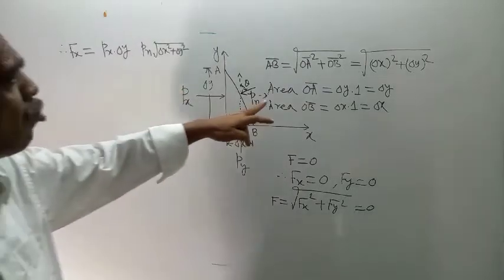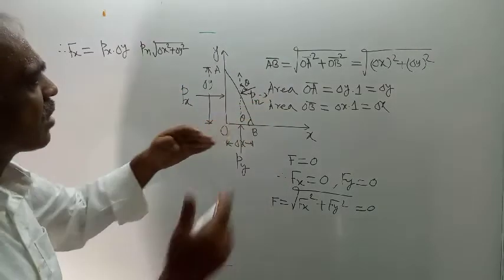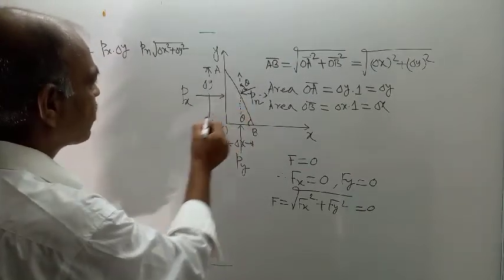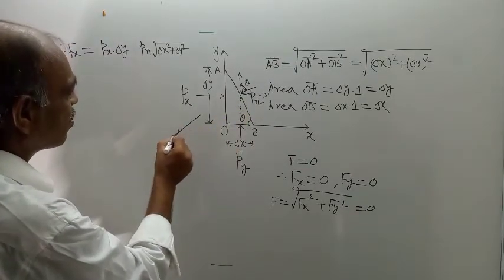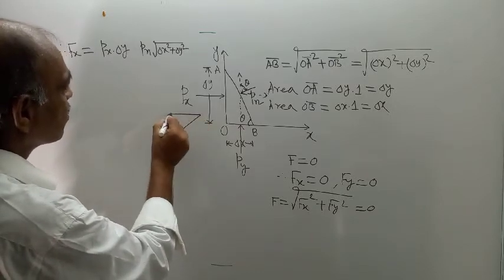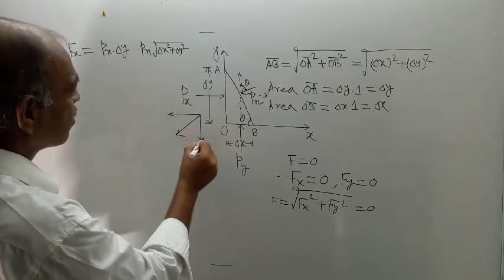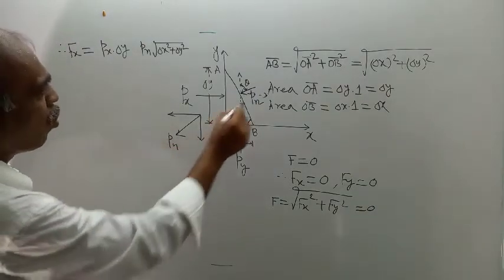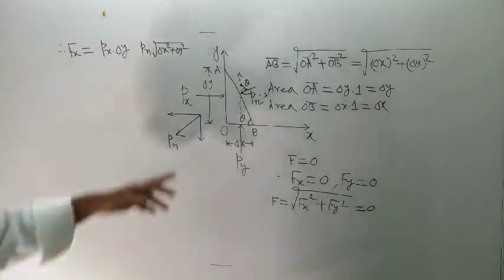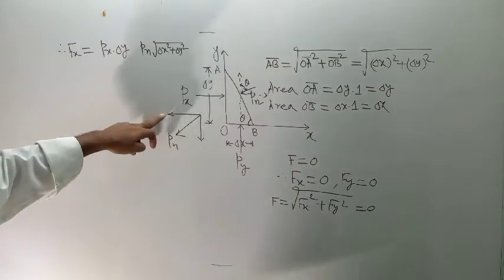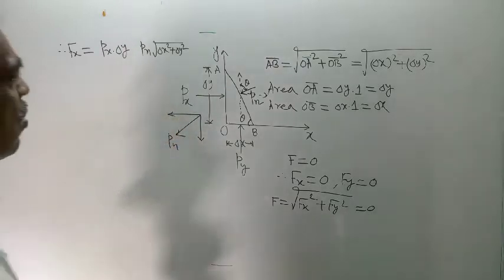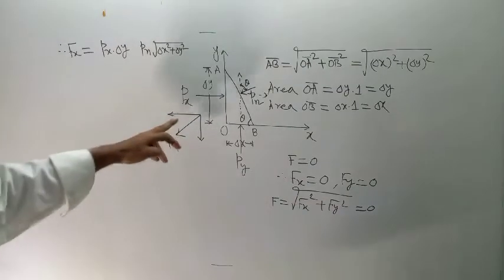And the direction will be in this direction, not these directions. This is the direction of Pn. So this is the force we are going to consider. What is this angle?